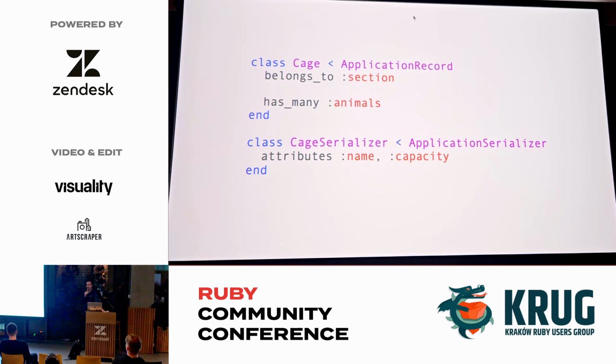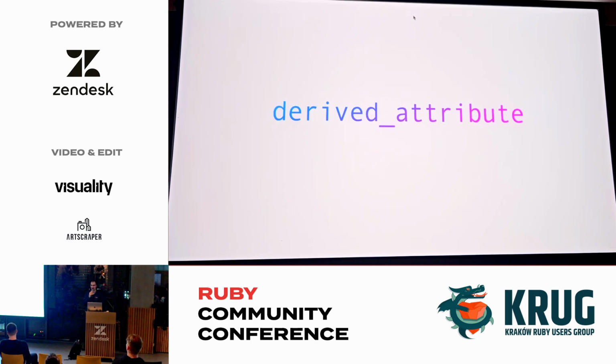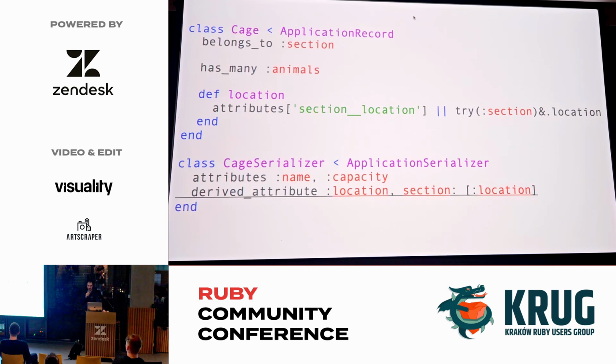And what we wanted with this thing was to avoid manual joins. So we came up with something called the derived attribute, where you can specify data that you want to pull from another source. So in the serializer, you can specify a derived attribute, which is called location, that's coming from a relationship, section.